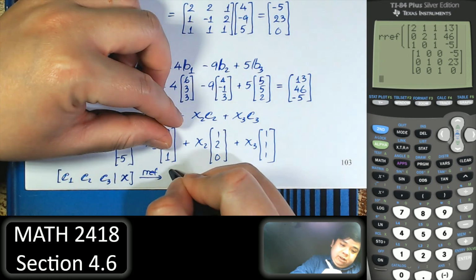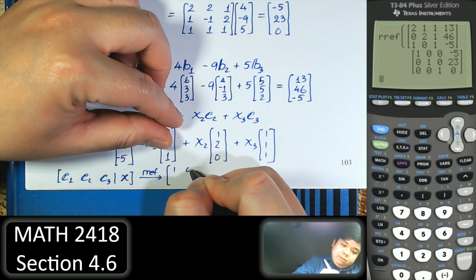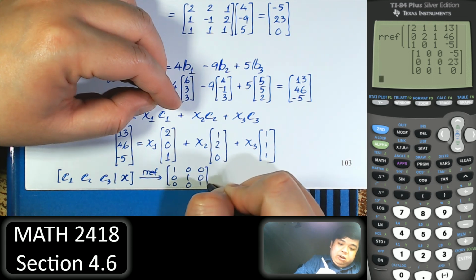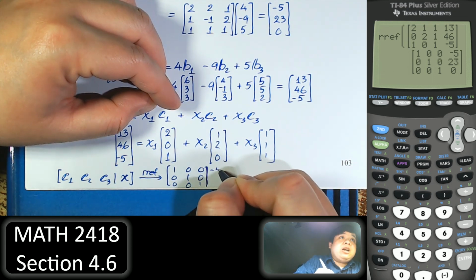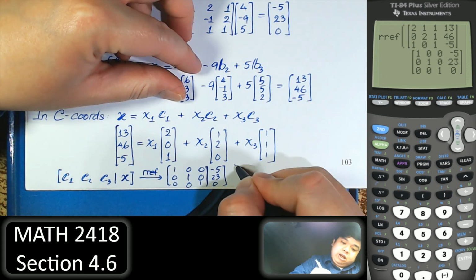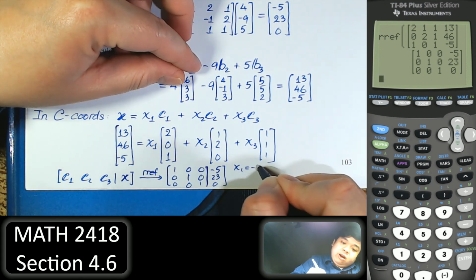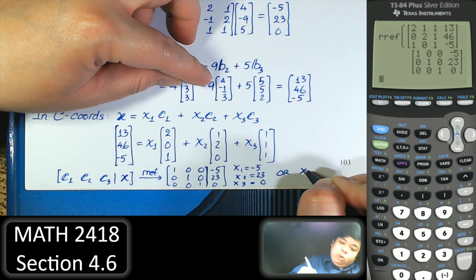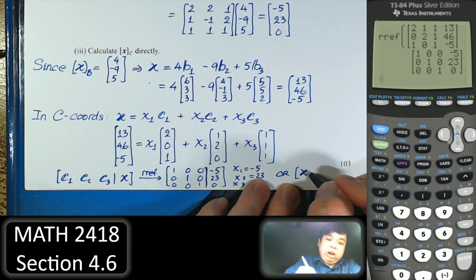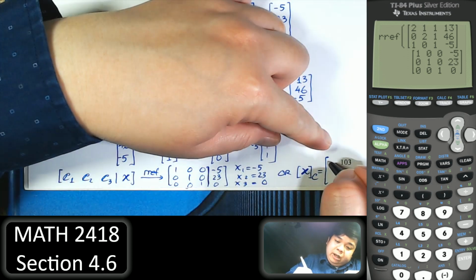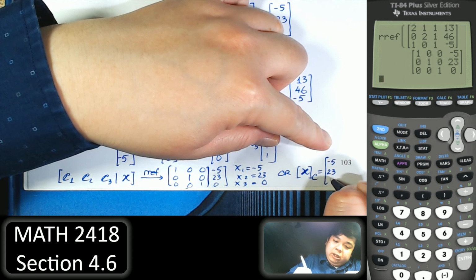We have the identity on the left hand side, and on the right hand side -5, 23, and 0. Of course, in this case we have x1 equal to -5, x2 equal to 23, and x3 equal to 0. Or we write the coordinates of x: x in C coordinates is equal to -5, 23, 0.